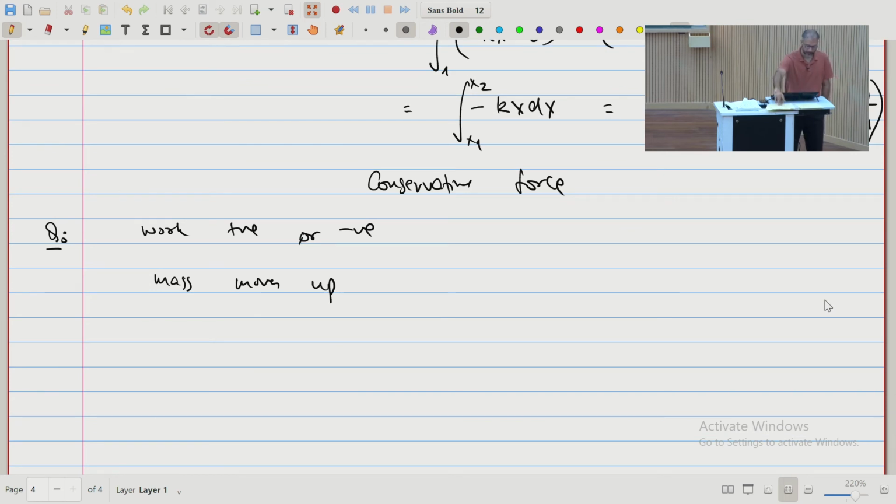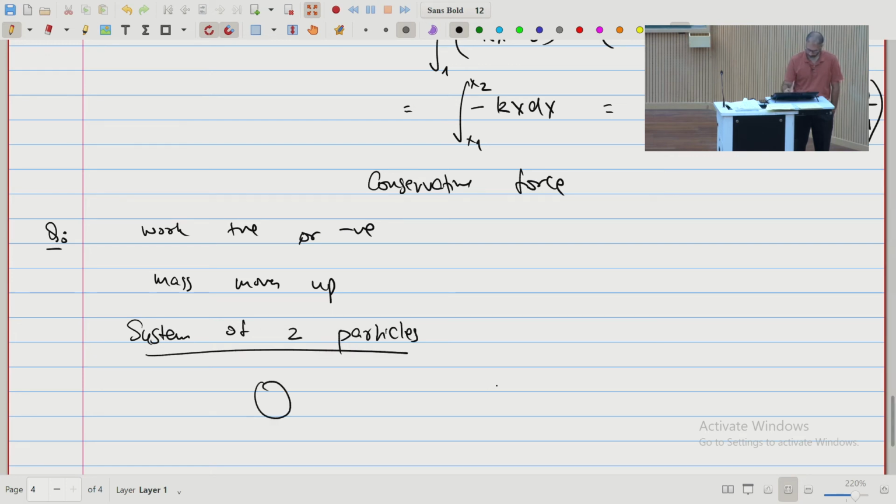Well, good. Now let's say we have a system of two particles. Let's say there are two charges, particle A and particle B. Particle A is being attracted towards B with a force FAB, and B is attracted towards A with a force FBA.